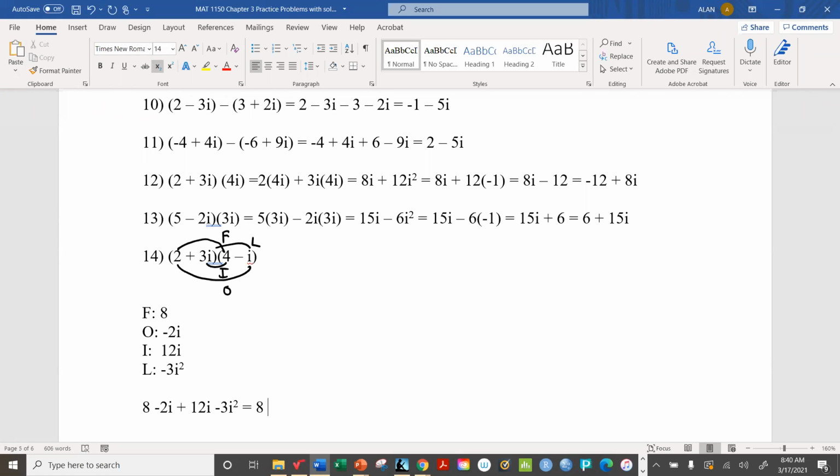Now here we consolidate the two terms in the middle, plus 10i minus 3i squared. And now, of course, i squared is negative 1. So we have 8 plus 10i plus 3, or finally 11 plus 10i. Very good.